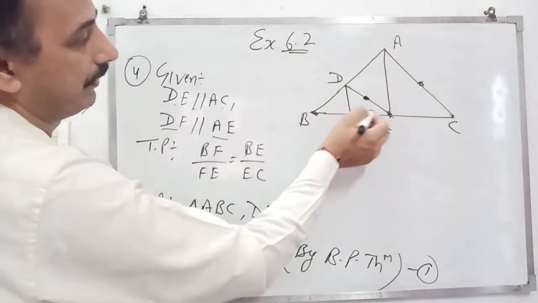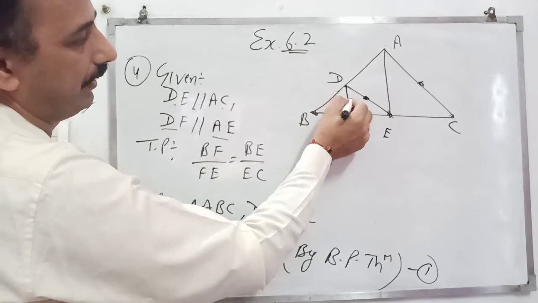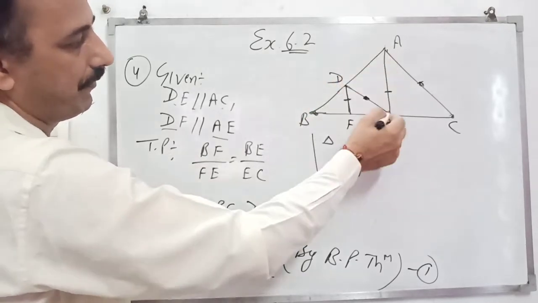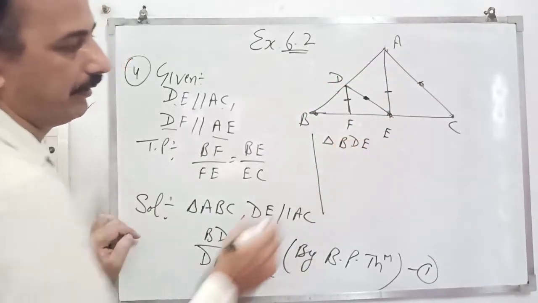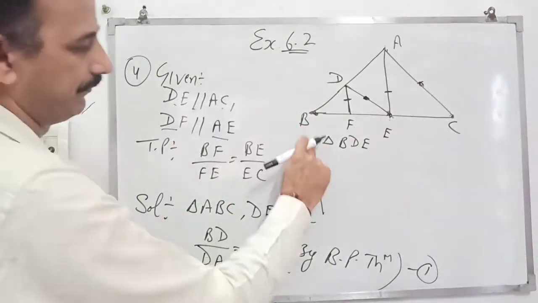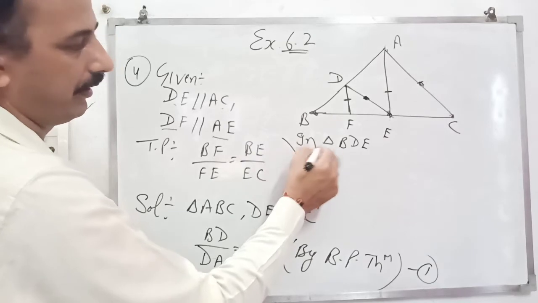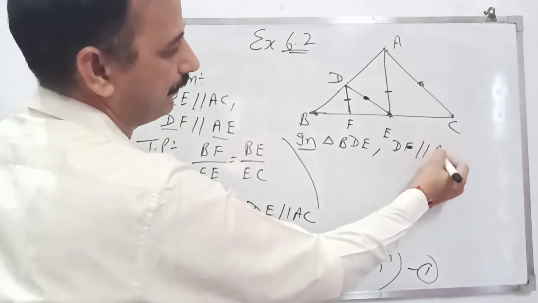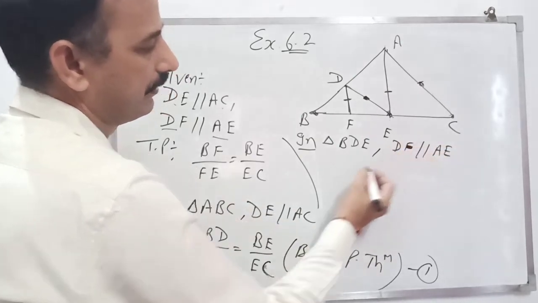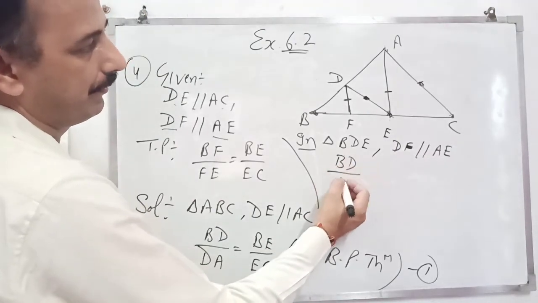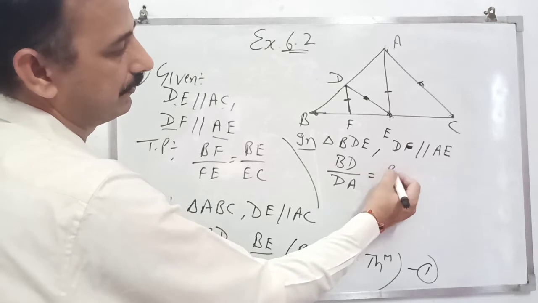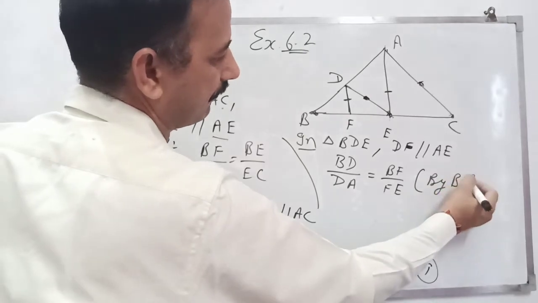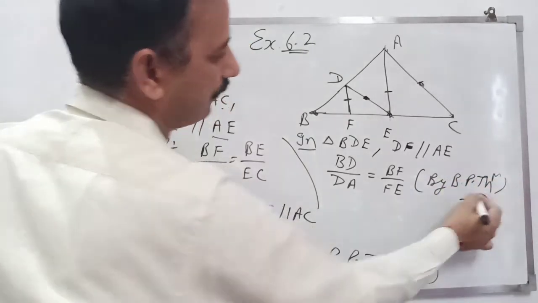So DF is that line, parallel to AE. Which triangle do we use? Triangle BDE. In triangle BDE, DF is parallel to AE, so DB upon DA equals BF upon FE, by the BPT theorem. Make it 2.